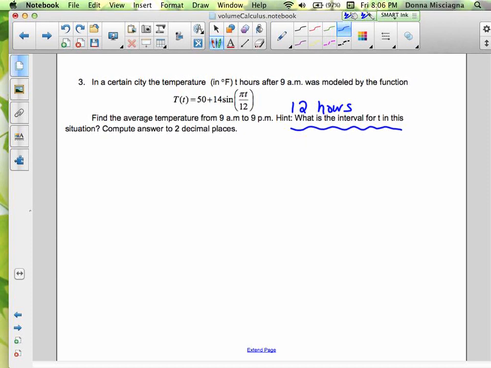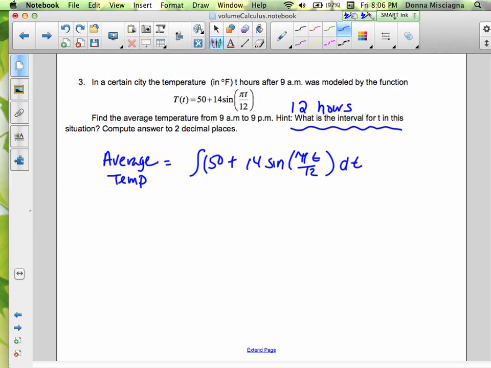So to find the average, let's give it context, average temp is going to equal the integral of 50 plus 14 sine of pi t divided by 12 dt from, so let's call this 0 to 12, not 9 to 9, because that doesn't really have any meaning, right? 12 hours is our interval.